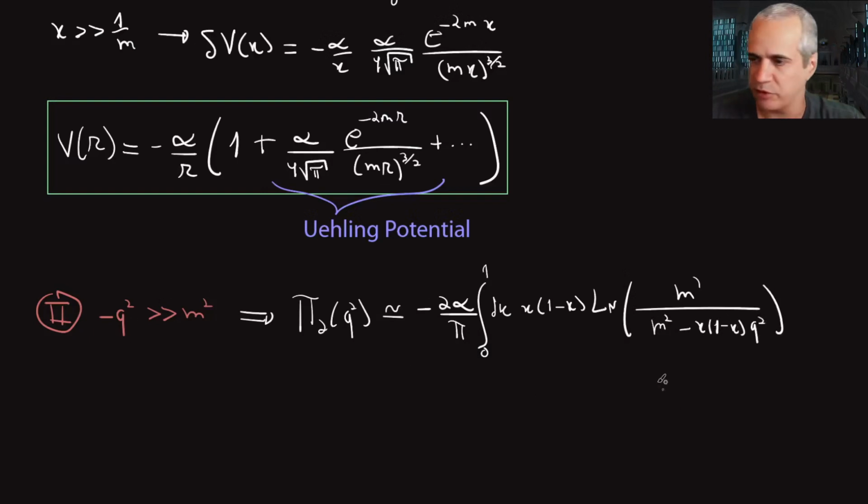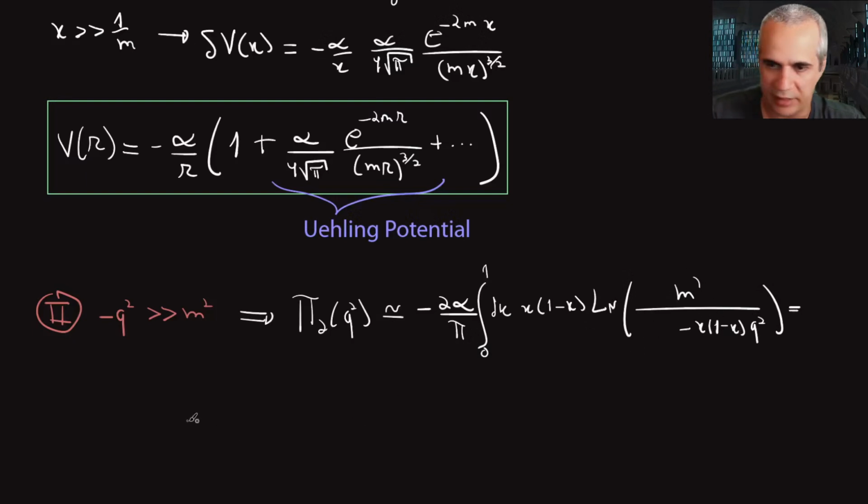So in this approximation, I can forget this m square right here, and separate this log into many pieces. So I have a log of m square, a log of x, 1 minus x, another log of q square, and the only one I really have to integrate is the log of x.